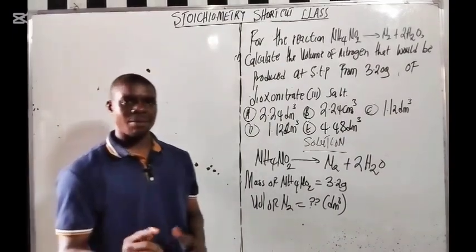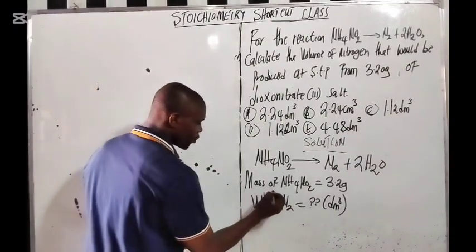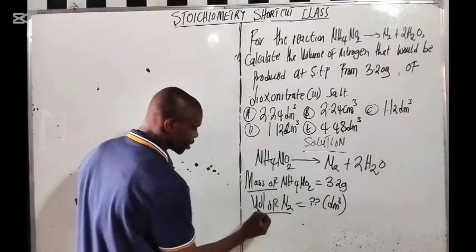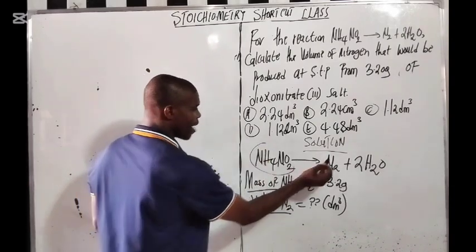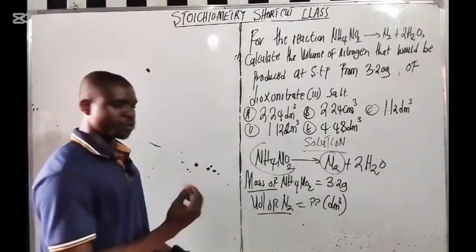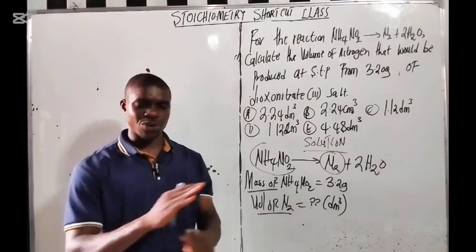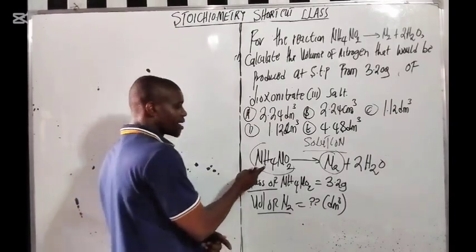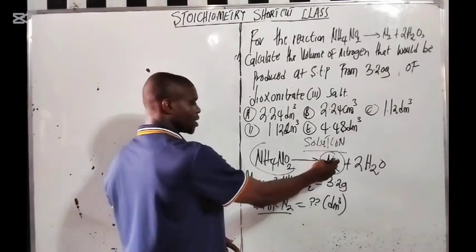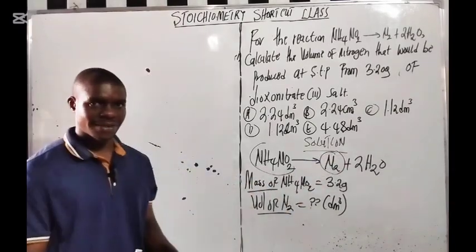So if you check it very well, it's going to be a mass to volume relationship. Mass of this guy and volume of this guy here, right? Why is it a mass to volume relationship here? It is a mass to volume relationship because the mass of this guy is given to us, and we have been asked to calculate the volume of this guy, right?